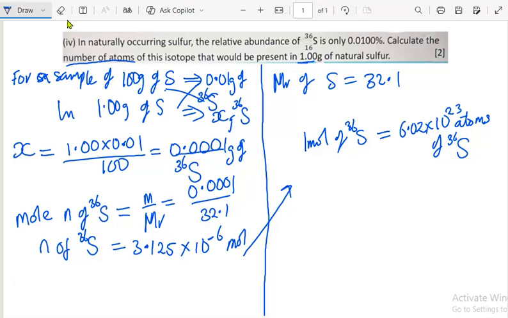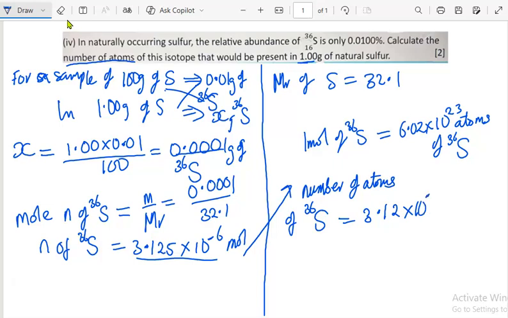So, if that is true, the number of atoms of sulfur-36 in this amount of sulfur-36 is 3.125 times 10 raised to the power minus 6.